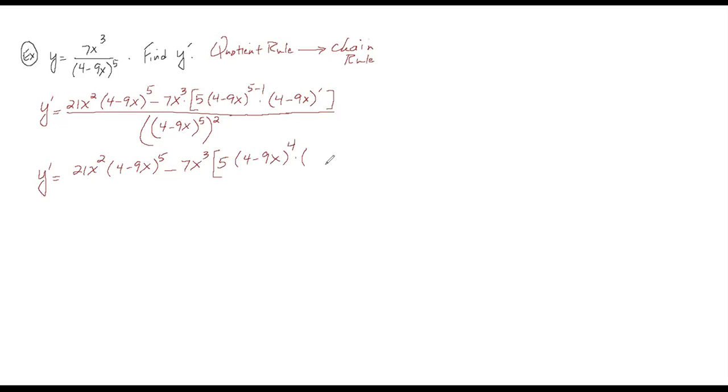And if I differentiate 4 minus 9x, it just gives me a negative 9, over 4 minus 9x to the power of 5 to the power of 2 will give me power 10. Those two multiply, okay? This is your power rule.